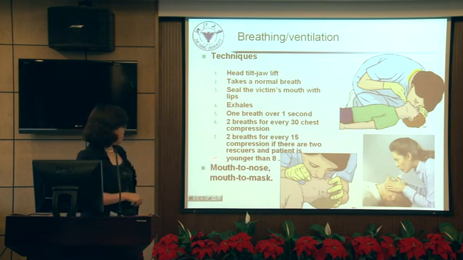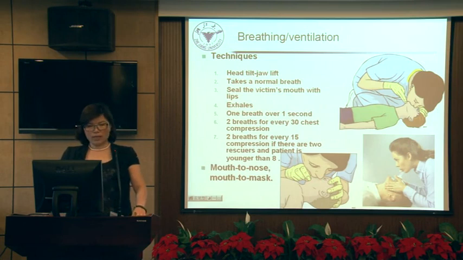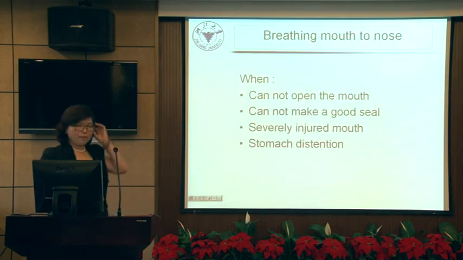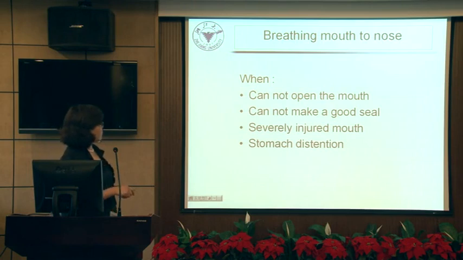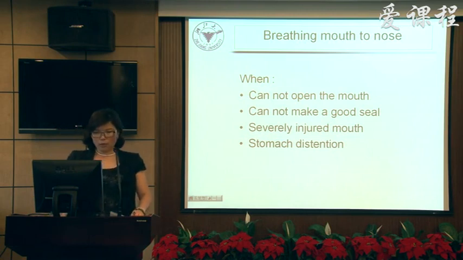Sometimes we can also give mouth to nose or mouth to mask ventilation. This is mouth to mask. This is mouth to nose ventilation. We use mouth-to-nose breathing usually when the patient cannot open the mouth or cannot make a good seal, or has a severe mouth injury or stomach distension.